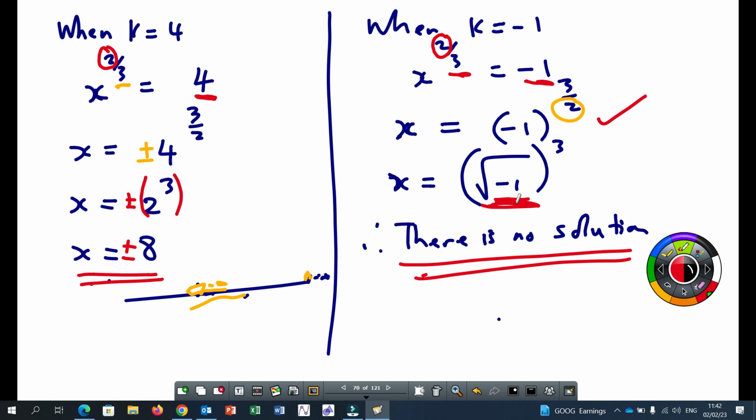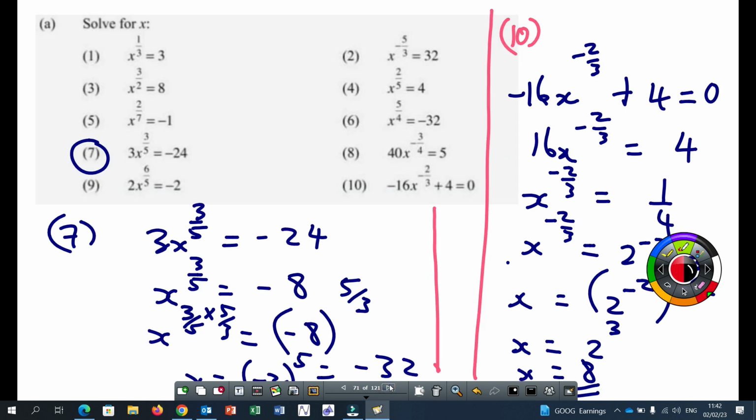It's a non-real number. In higher level maths, it's called a complex number. So there won't be any solution, or you can say the solution is non-real. But there won't be any solution for you guys in high school.